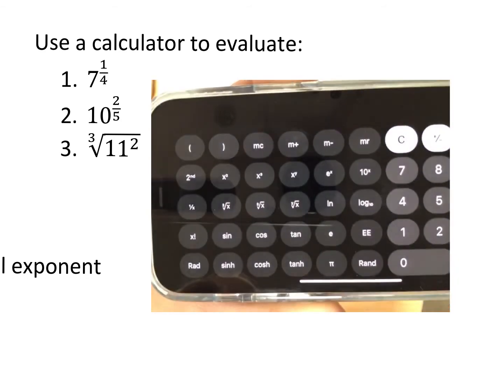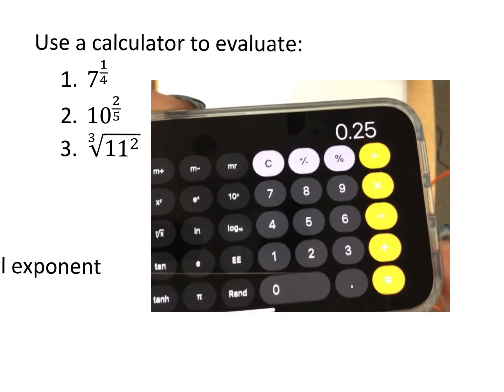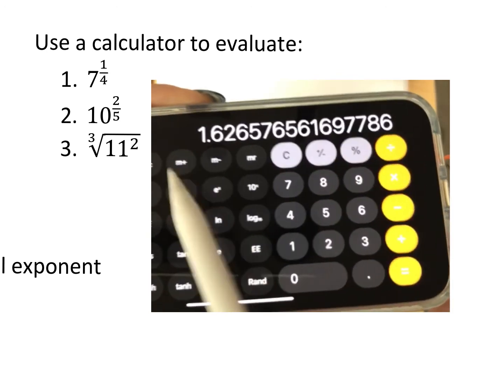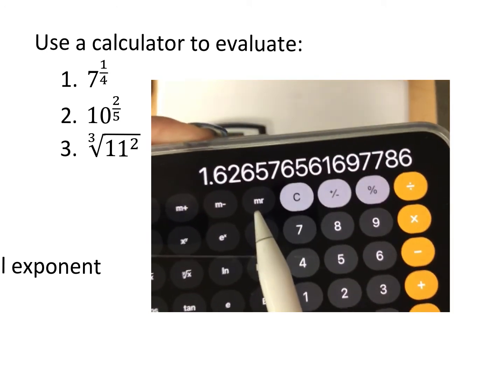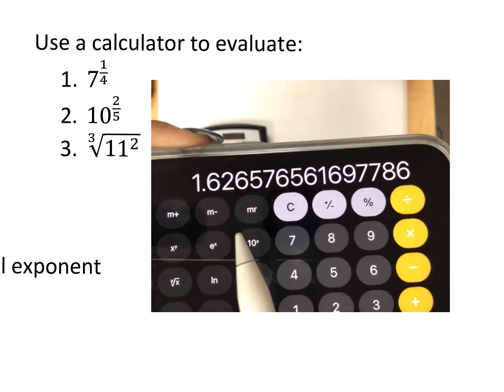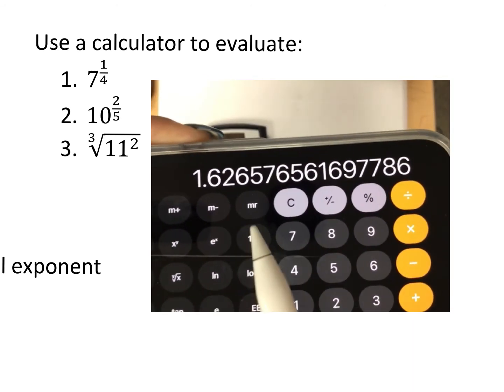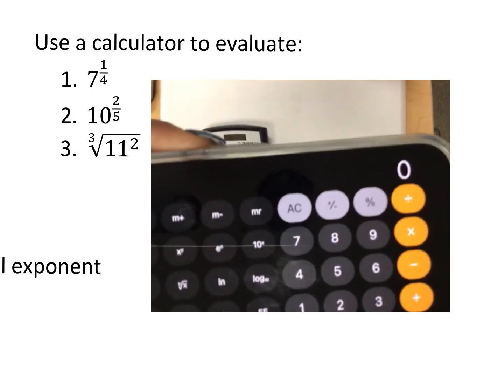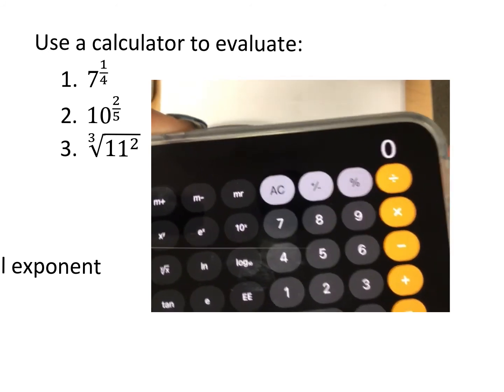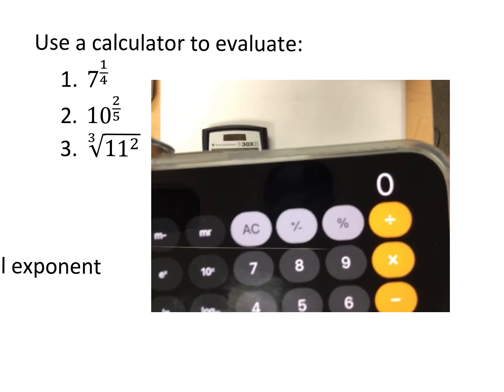You can close the parentheses, that tells you that equals 0.25, and then hit enter. That gave us the same answer, right? Okay. So go ahead and do 10 to the 2/5 in your calculator. See if you can get the right answer.